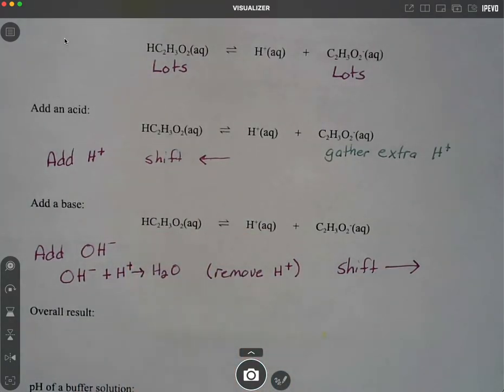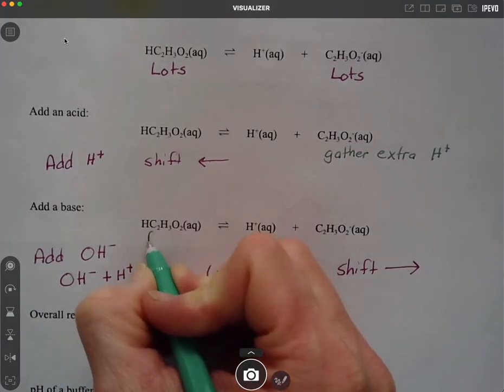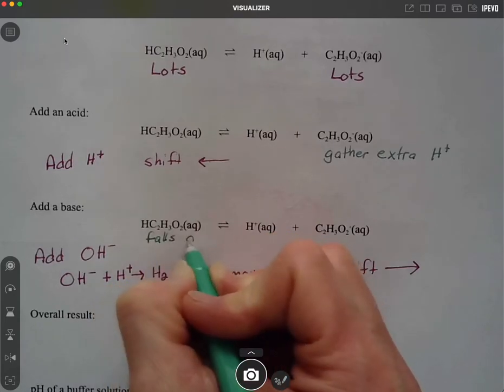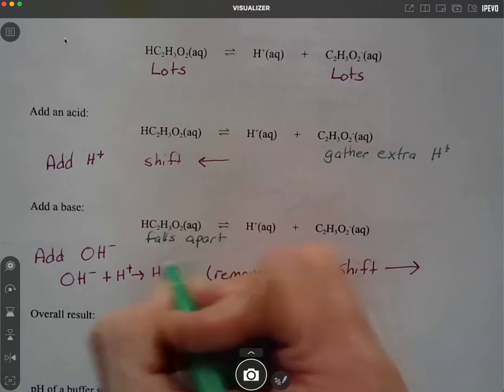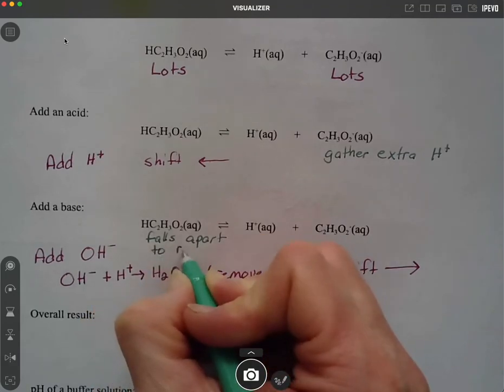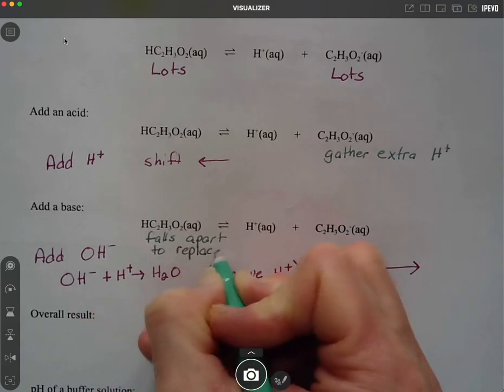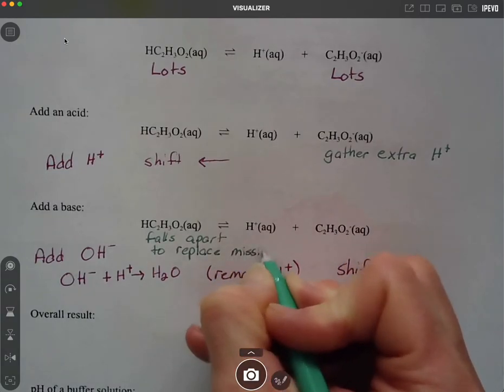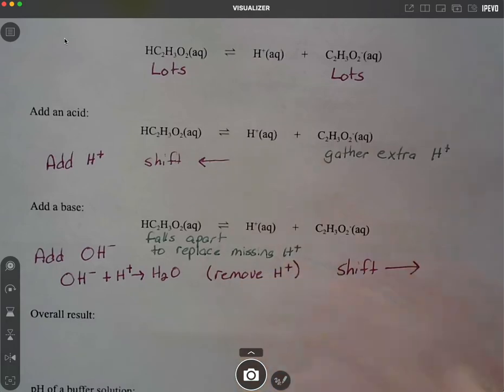So the function of the weak acid portion of the buffer is to fall apart to replace missing hydrogen ion.